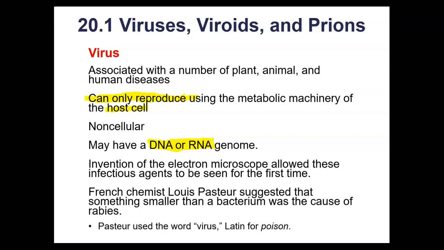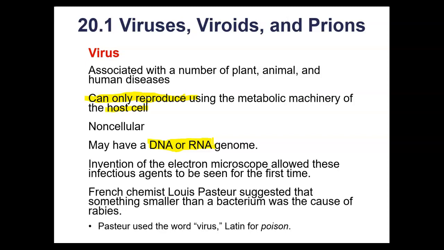To make a new virus, you have to have the DNA or the RNA, and then you have to have all the mechanisms for replication, transcription, and translation. You have to have all the enzymes involved, like the helicase, ligase, RNA polymerase, all of those different enzymes that are needed for not only replicating the DNA or the RNA, but also making proteins.